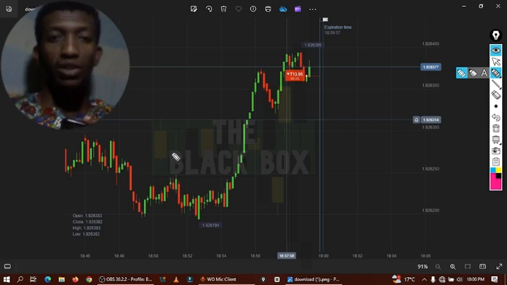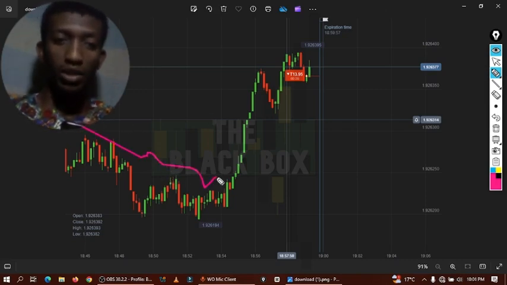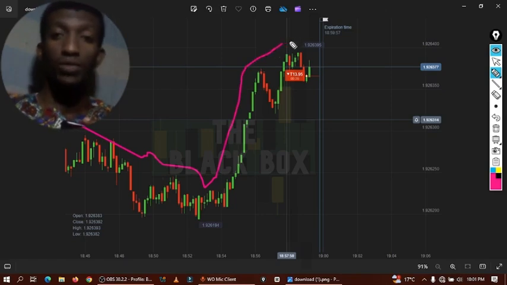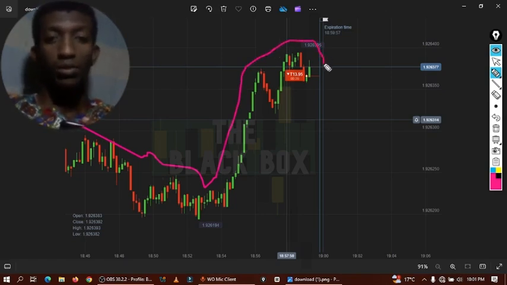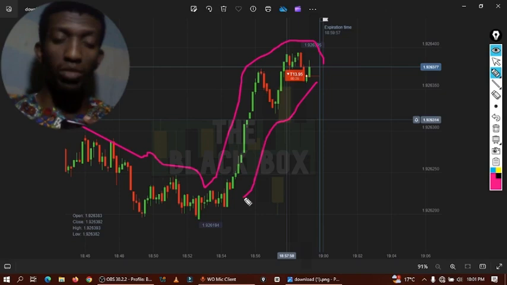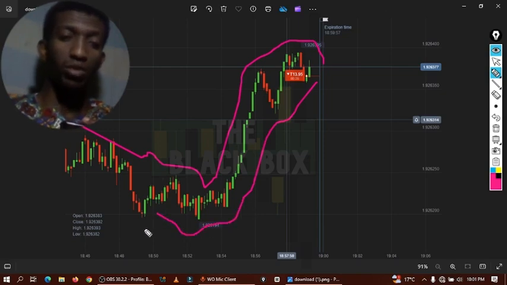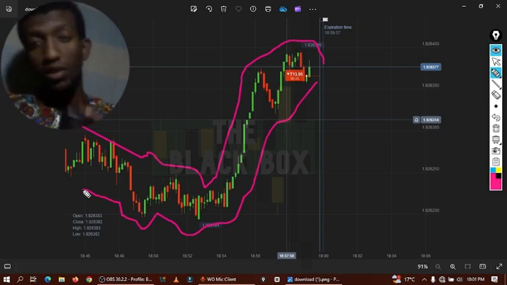So this is the setup of the trade that I took on binary options. I was testing the black box on binary options, and that's where I discovered this thing. I discovered the black box.